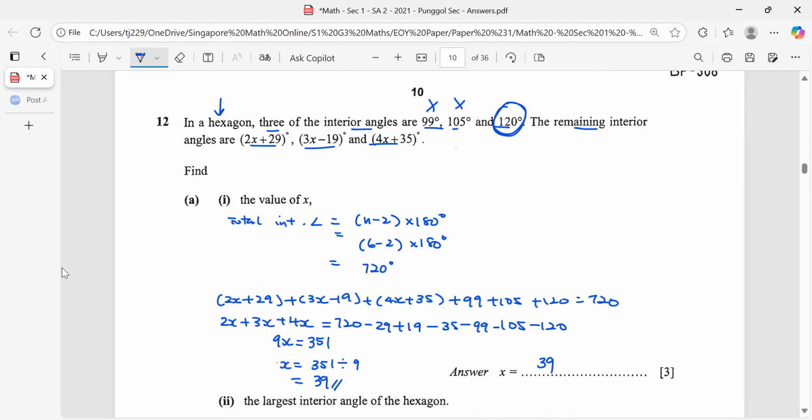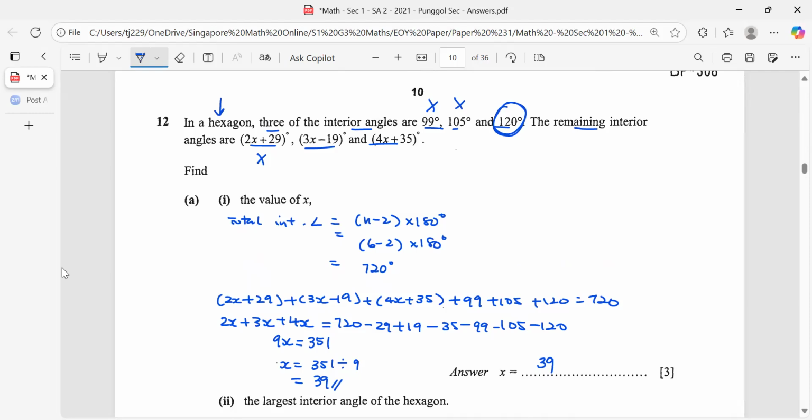Comparing the other three, where it is in terms of x, you will realize that 4x plus 35 is going to be greater than 2x plus 29, due to the fact that 4x is twice of 2x. 35 is greater than 29. So definitely 2x plus 29 is less.